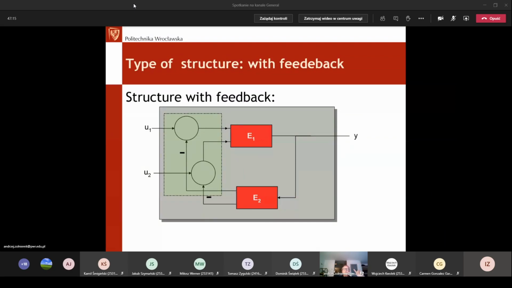Here you can see the structure with feedback.